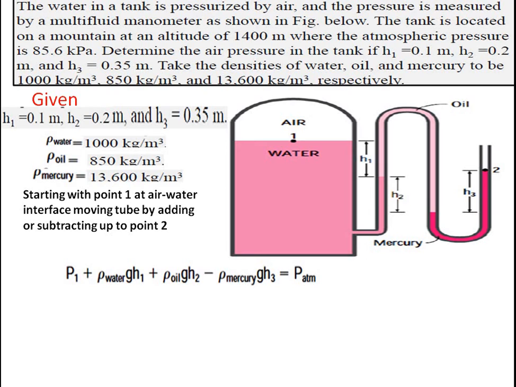Now starting from point 1 at the air-water interface, moving through the tube by adding or subtracting up to point 2, P1 plus rho of water g h1 plus rho of oil g h2 minus rho of mercury g h3 is equal to P atmosphere. Have you understood how we have considered? From this point to this point, we have taken the overall behavior of this pressure.